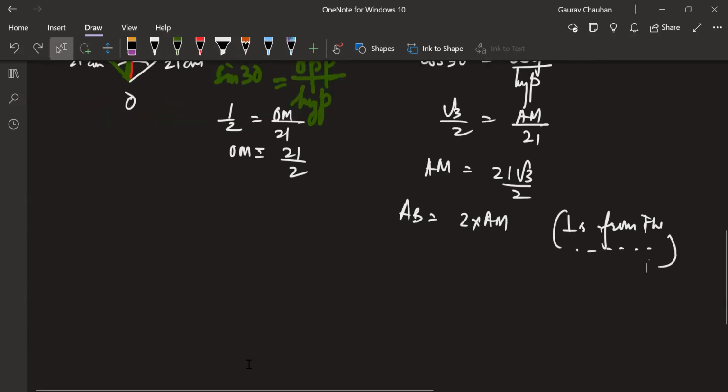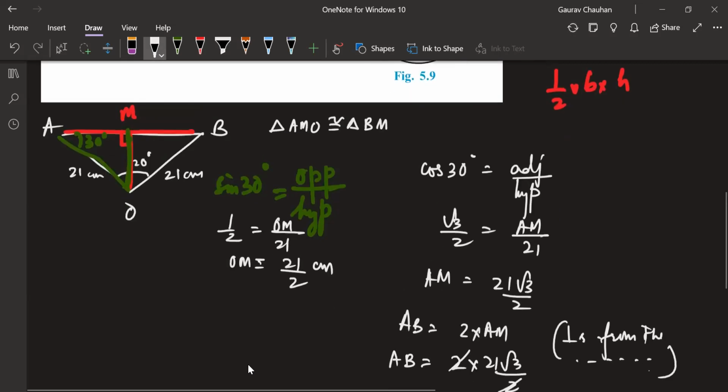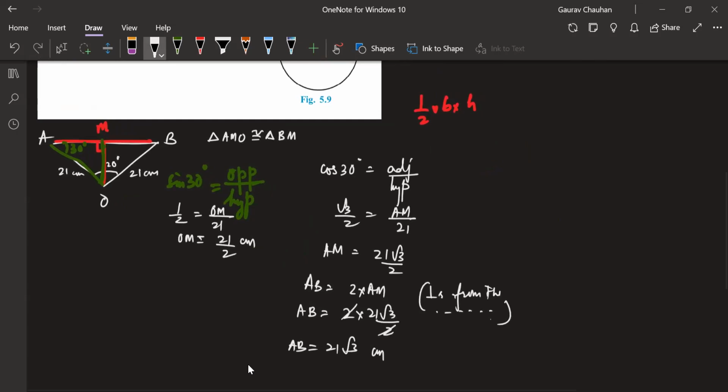So that gives me AB is equal to 2 into 21 root 3 by 2. The 2 cancels, so it is equal to 21 root 3. Everyone okay so far? AB is equal to 21 root 3 centimeter. For OM, if I take the area of triangle AOB, I have half into base into height.